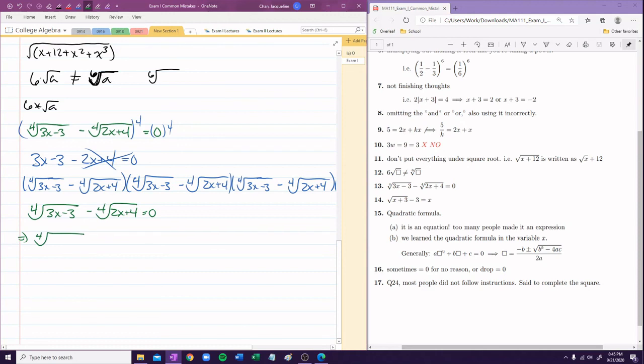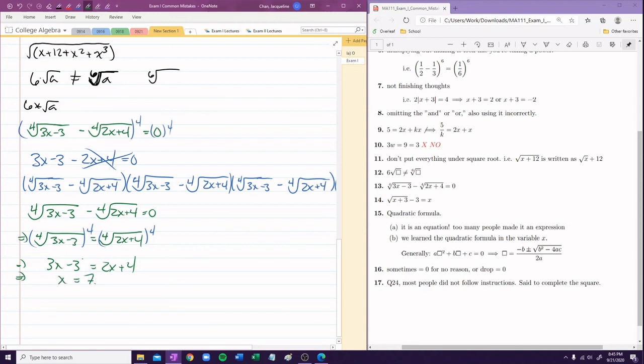Then I get the fourth root of 3x minus 3 is equal to the fourth root of 2x plus 4. Now we can take the fourth power to both sides. Then I'll get 3x minus 3 is equal to 2x plus 4, and then you'll get x is equal to 7.